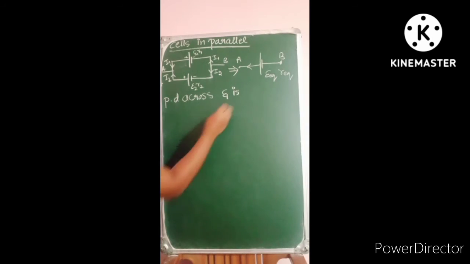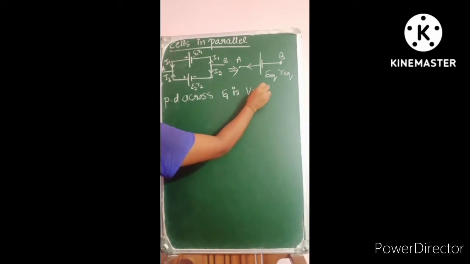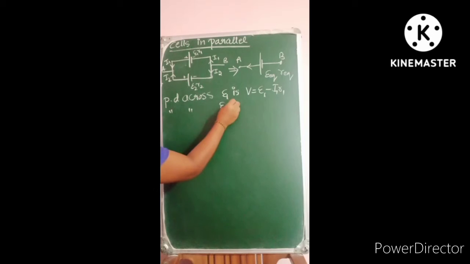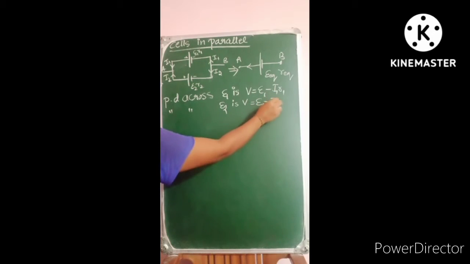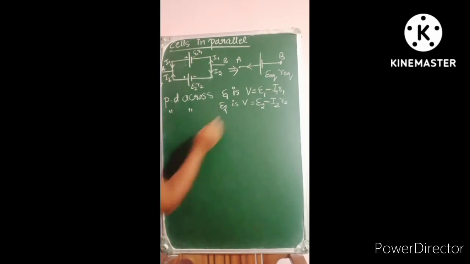having the electromotive force E1 is V equals E1 minus I1 R1. In the same way, the potential difference across the second cell is V equals E2 minus I2 R2.